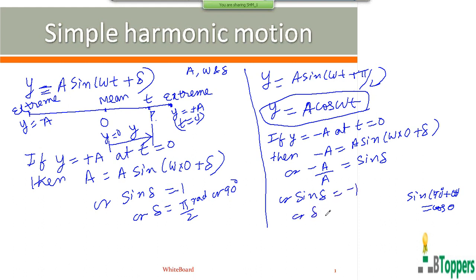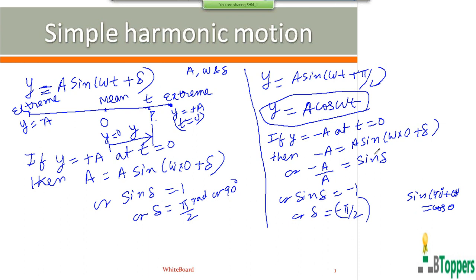So you can take delta equal to minus pi by 2. That is one of the solutions.